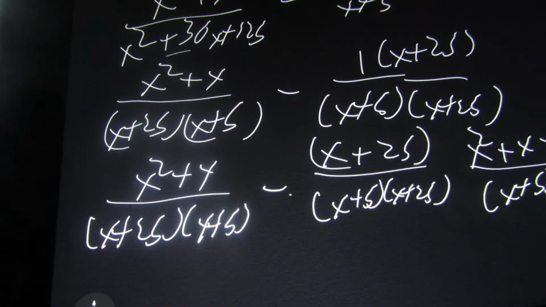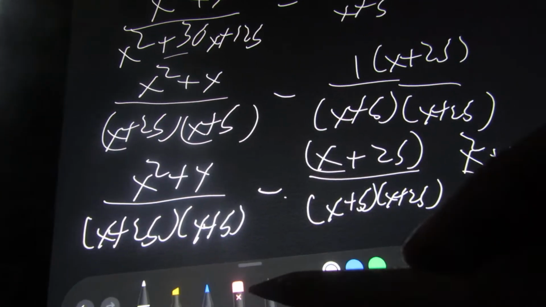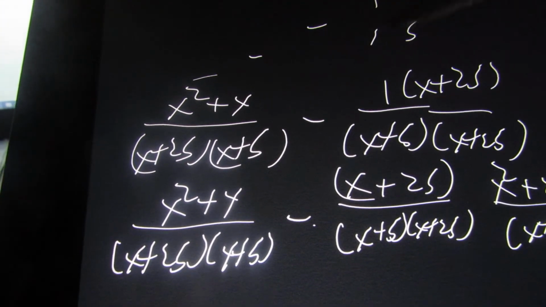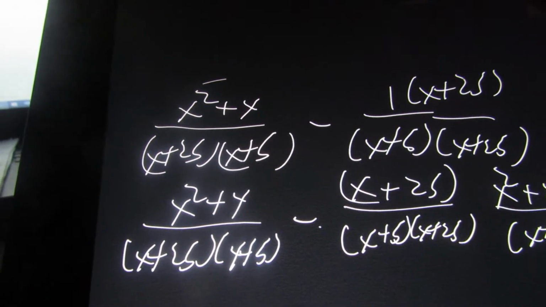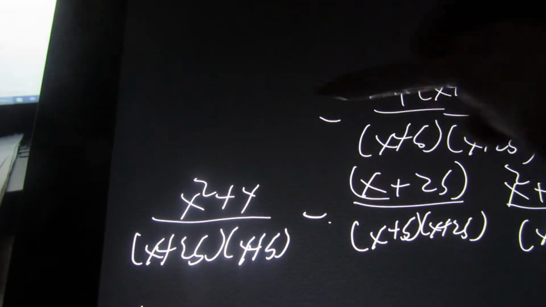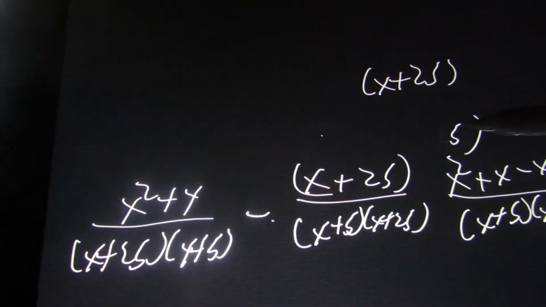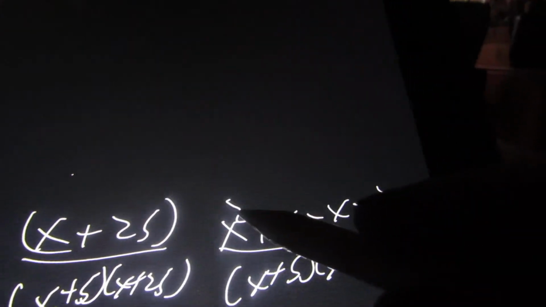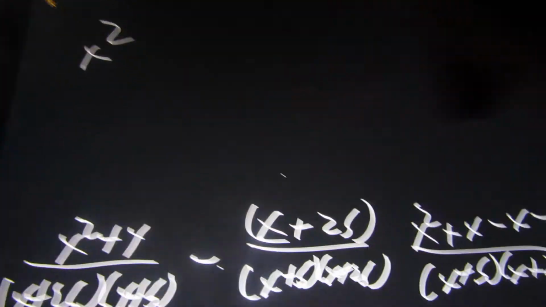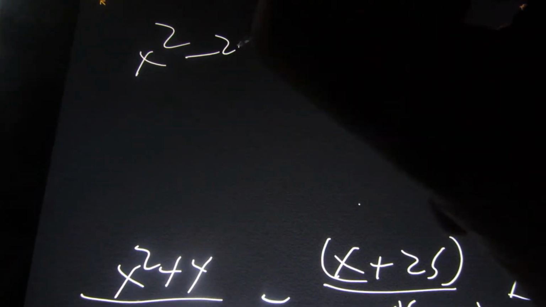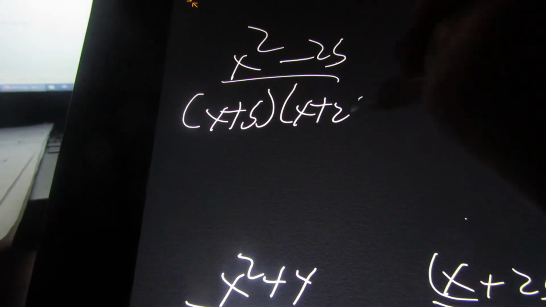So now what I can do is combine like terms, and then I'm going to factor the numerator. So I have x squared, I have plus x minus x, which is 0, and then minus 25 over (x plus 5)(x plus 25).